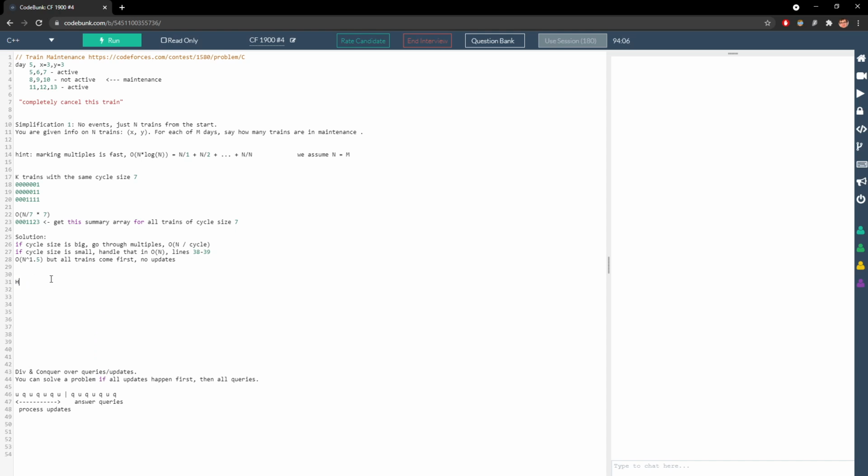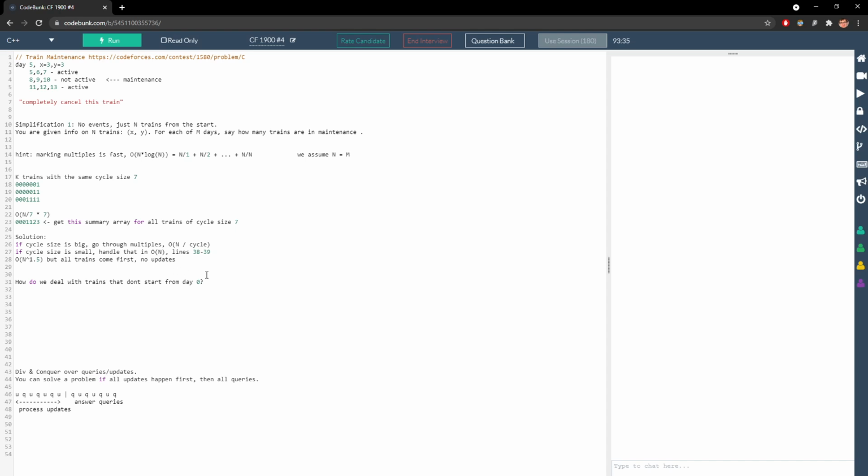Okay, so how do we deal with trains that don't start from day 0? Going through multiples works the same way, just, well, it will not be just multiples of 10, it will be multiples of 10 shifted. So maybe 15, 25, 35, 45, not a big deal.